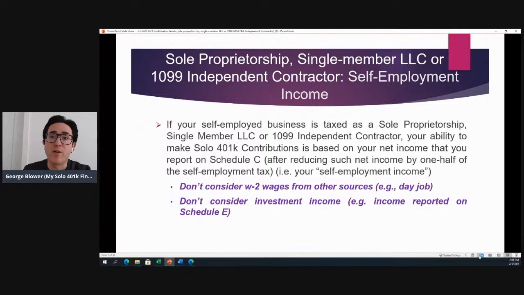So you've got to do that pre-calculation and then you can figure out how much you can contribute as far as employee contributions, employer contributions, and down the line. So a couple of key factors to note is you don't want to consider W-2 wages from other sources like a day job. Don't consider investment income, such as income that's reported on Schedule E. Remember here, we're talking about Schedule C income.